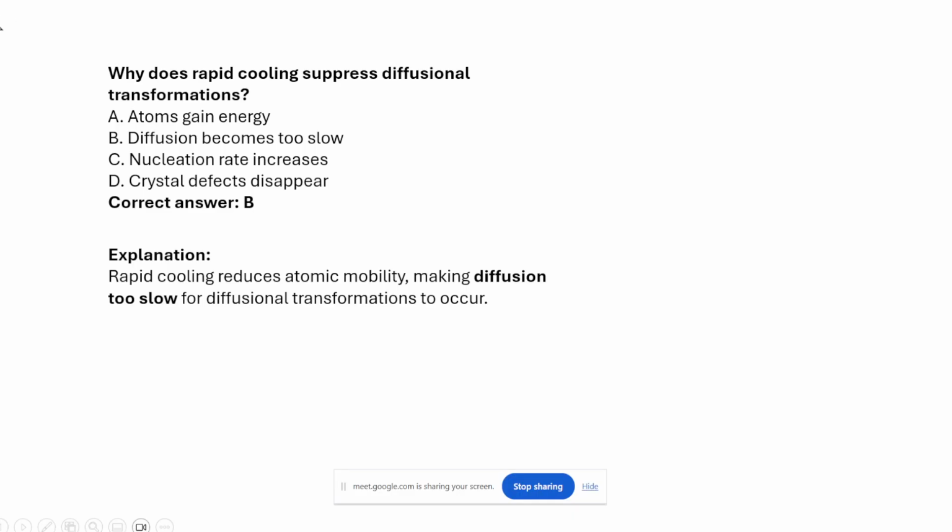But in rapid cooling, the temperature is going down and the time is less, so diffusion becomes slow. Nucleation rate increases? No. Crystal defects disappear, atoms gain energy? None of those. So B will be the answer. Rapid cooling reduces the atomic mobility and makes the diffusion too slow.